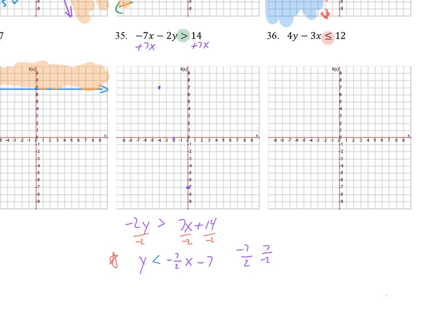And then this would be a dashed line through those points. Arrows on the ends. And then reading my inequality, y is less than means I want to shade below the line. It's in this space.